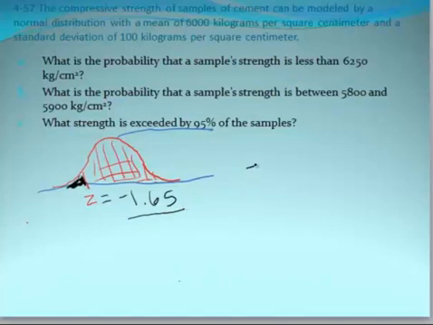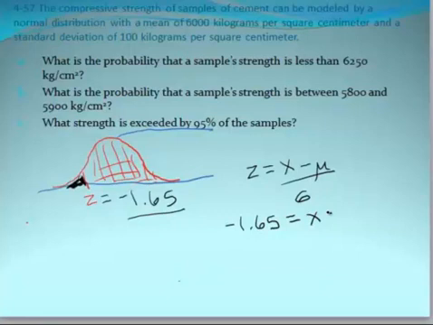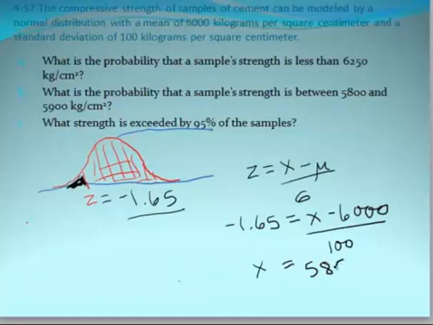So we use our magical expression: z is equal to x minus mu over sigma. We know that z is equal to minus 1.65, and that equals x minus 6,000 all over 100. Then we solve for x, and we find that x is equal to 5,835 kilograms. Voila!